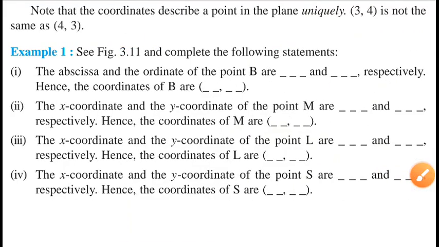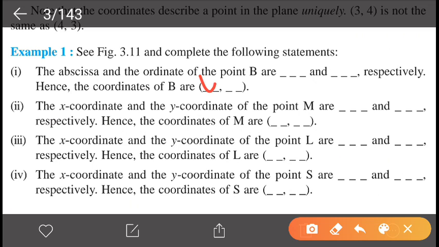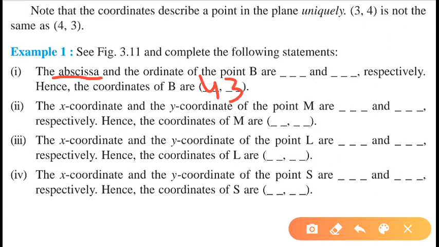So we will write over here first 4 comma 3. So the abscissa is 4 and the ordinate is 3. In the similar way we have to do the others. You can have the coordinates of M, L and S. So let us find M, L and S.